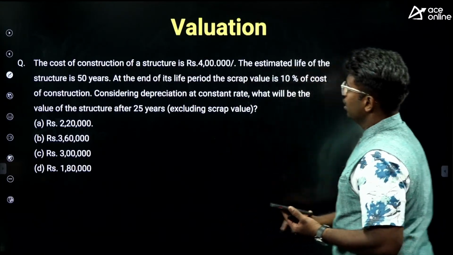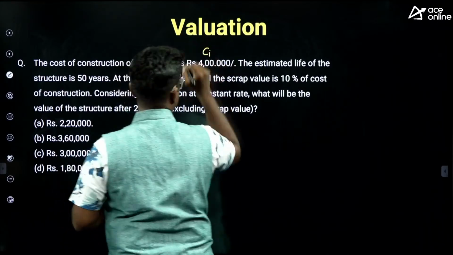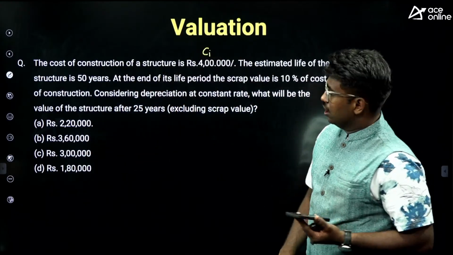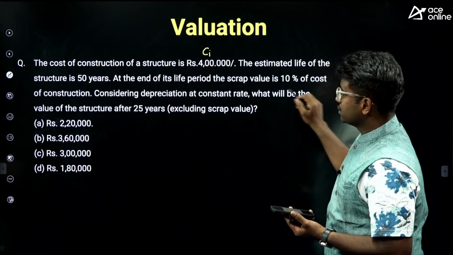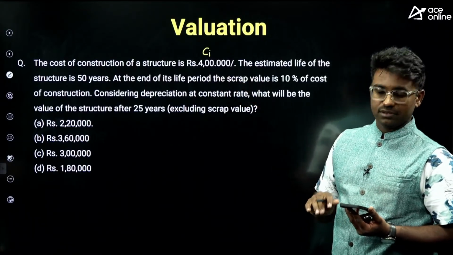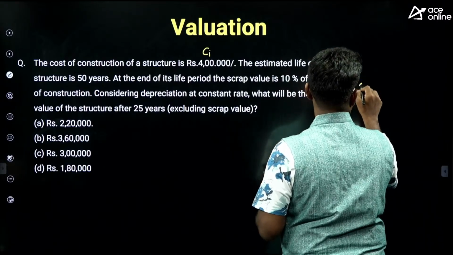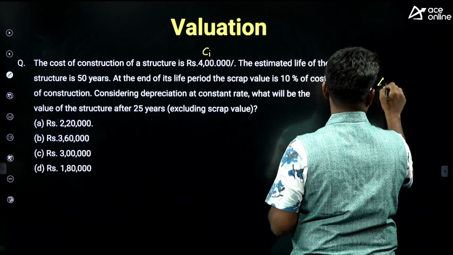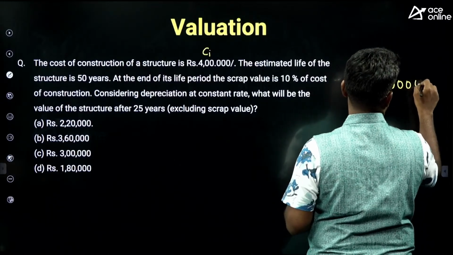As you see, he has given the initial cost C, right? And he didn't give the scrap value. He gave 10% of the cost of construction. 10% of this, right or not? So scrap value is equal to how much? 40,000.